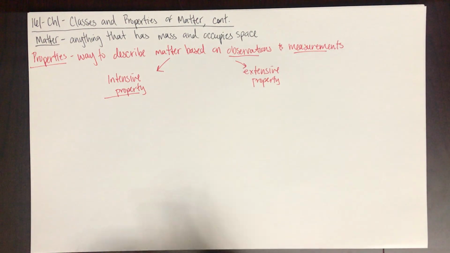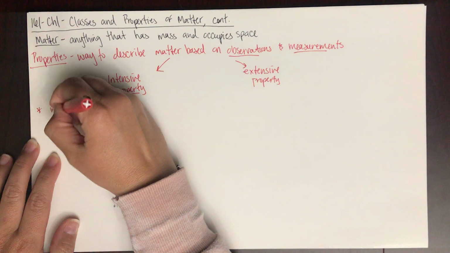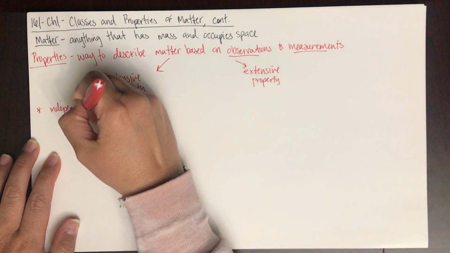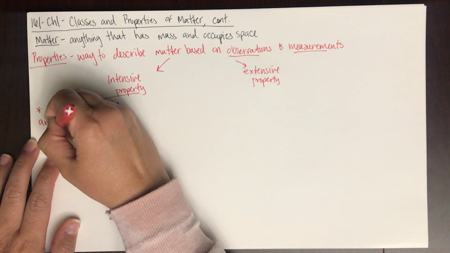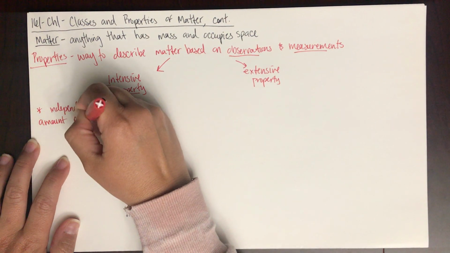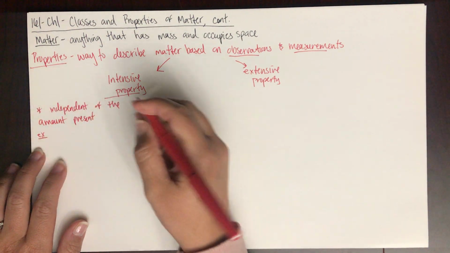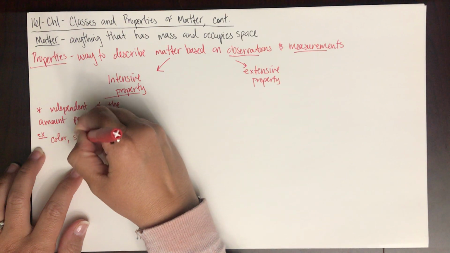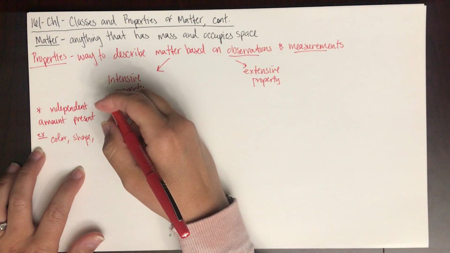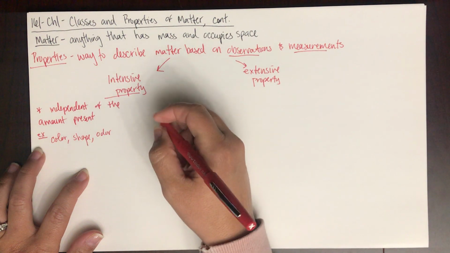An intensive property is independent of the amount of the substance present. Examples of intensive properties would be color, shape, scent or odor.